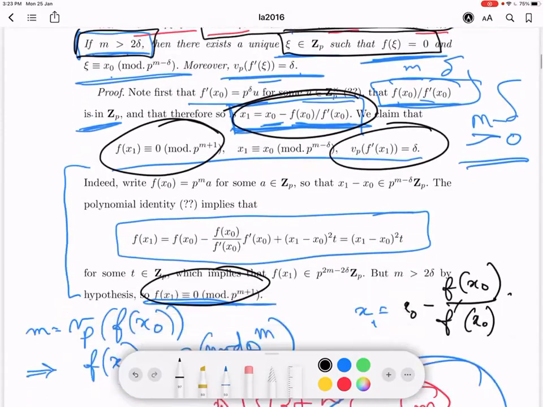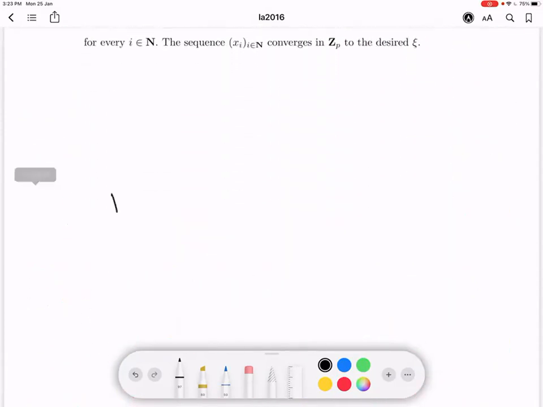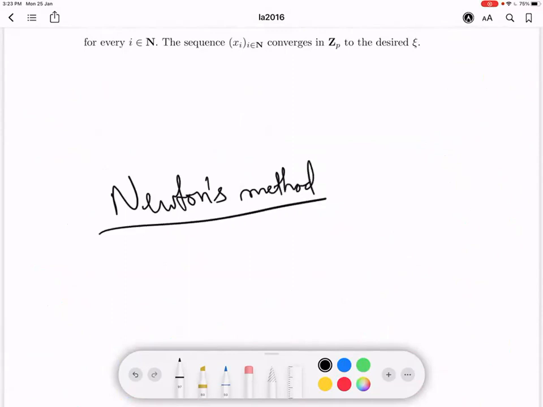Now, those of you who are familiar with Newton's method for finding roots of real polynomials, this is somewhat analogous to Newton's method.